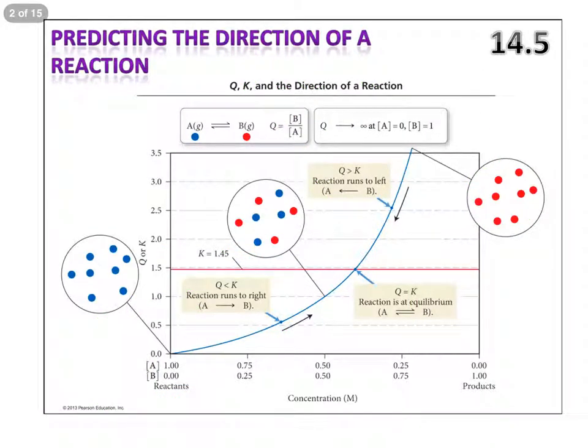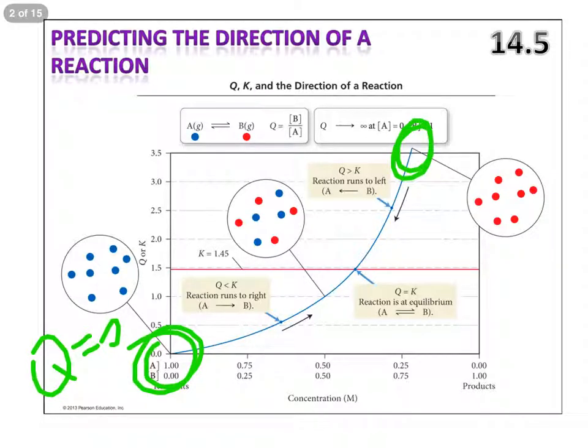Here's another representation of it, which I really like. And here we have Q is 0. So here Q is 0, and up here Q is, right here, a little bit over 3.5.